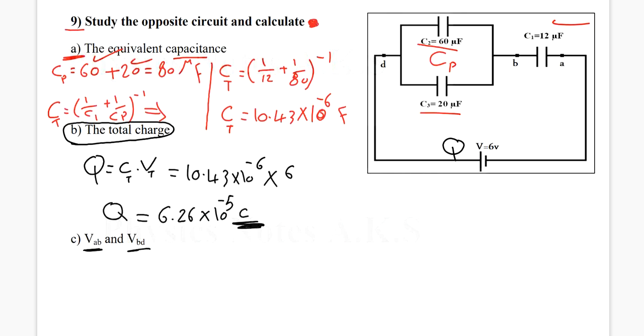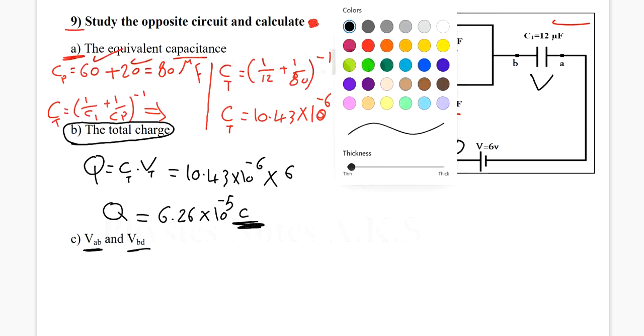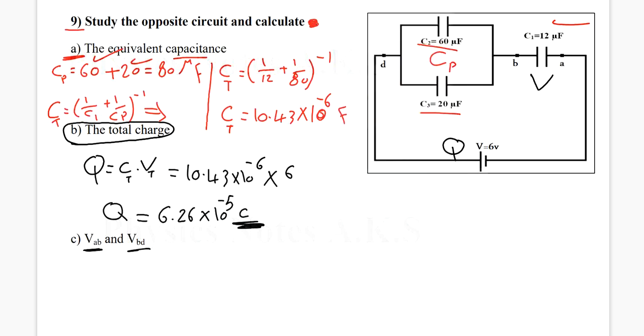They need VAB, it means the voltage in the C1. Pay attention that C1 is connected in series with the battery, right? It's in series, it means it will have the same charge as the battery, the charge we found before.